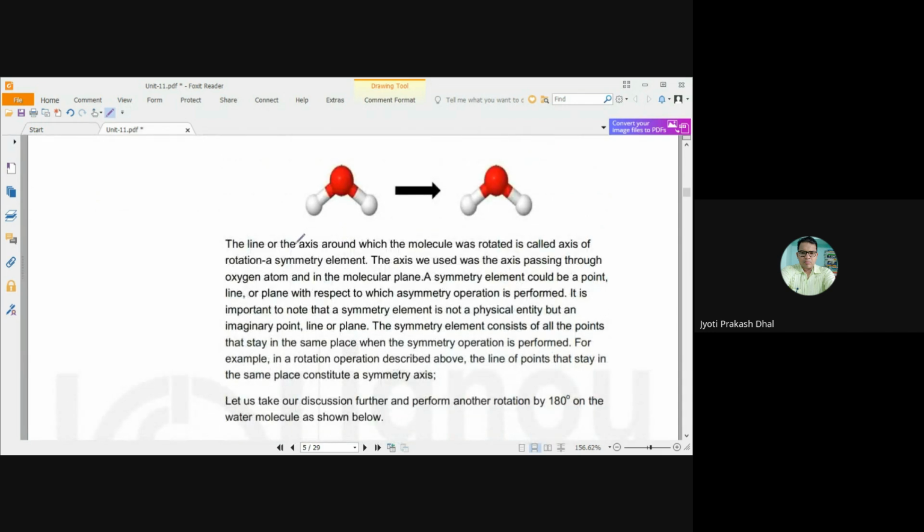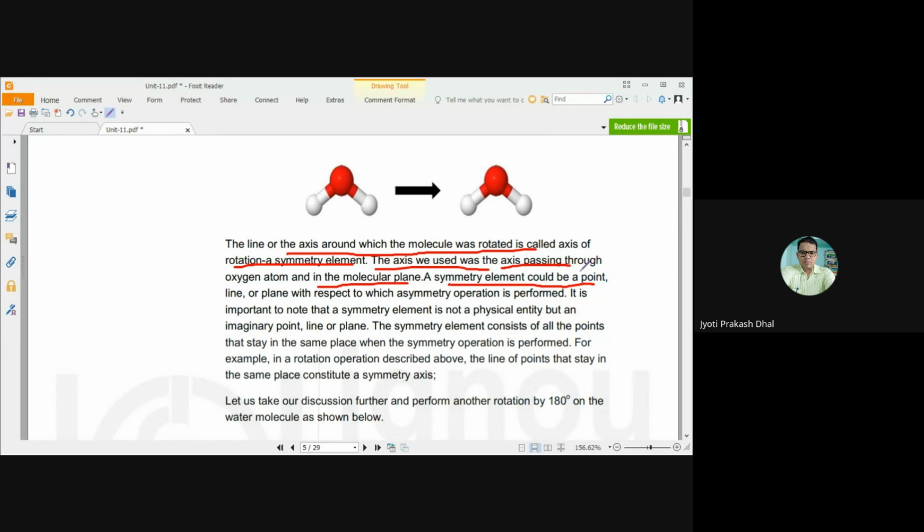So here the line or axis around which the molecule was rotated is called the axis of rotation. That is one symmetry element. The axis we used was the axis passing through the oxygen atom in the molecular plane. A symmetry element could be an axis, and similarly a symmetry element could be a point.